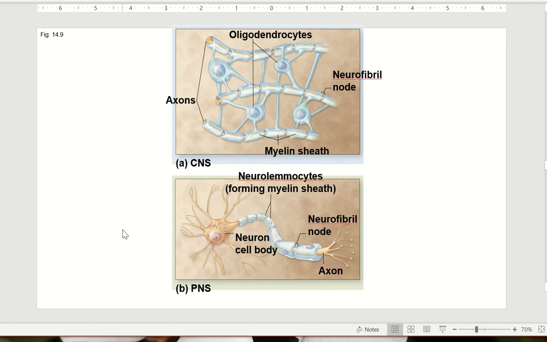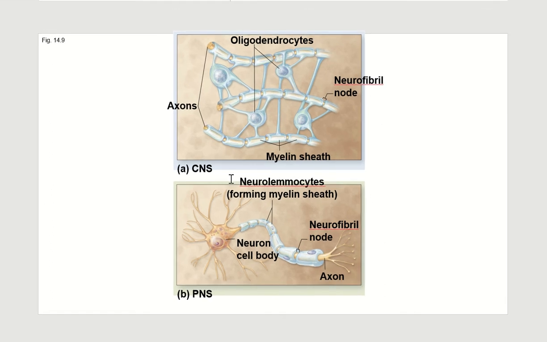Now, if you have a condition where your glial cells don't make myelin correctly, or where your body starts attacking the myelin cells, then you would expect that signals are not going to travel down these axons at the right speed, because remember, the myelin insulates the axon, and the signal goes faster down the axon because of the myelin.